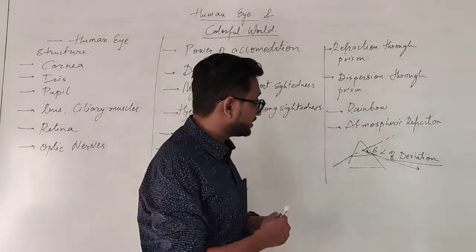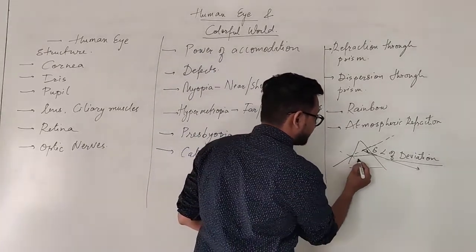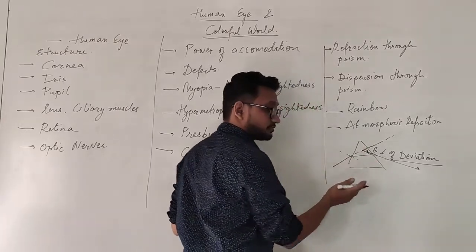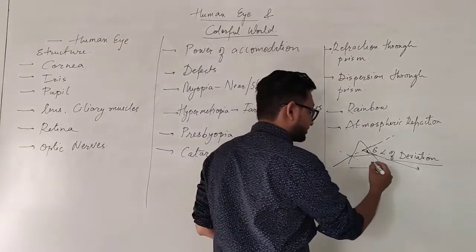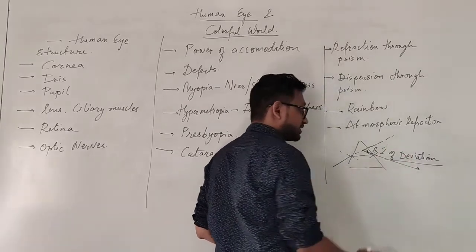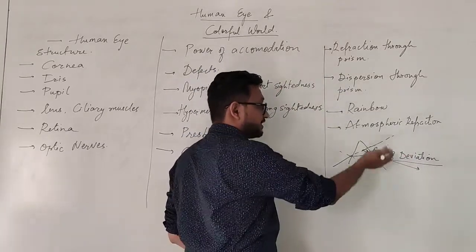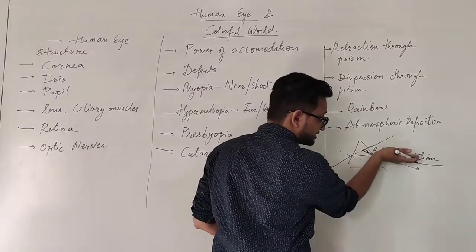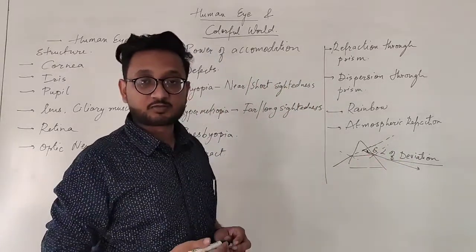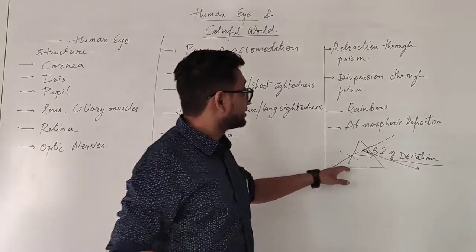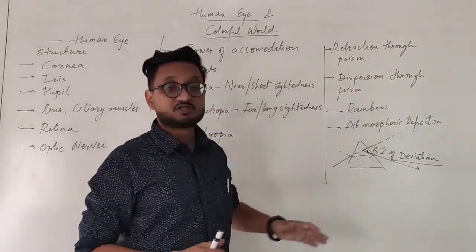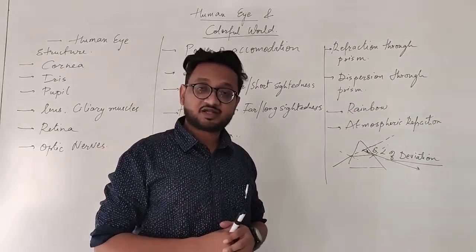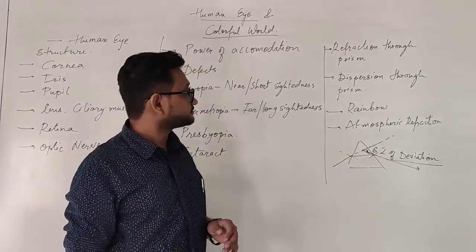Light enters from one side, and because of the normal, we know that it bends towards the normal like this, and when it exits from this side, from one medium to another medium, it bends away from the normal. As you can see, it was supposed to go that way, but it is bent away from the normal, and hence we know that refraction through a prism changes its direction completely, unlike the glass slab.